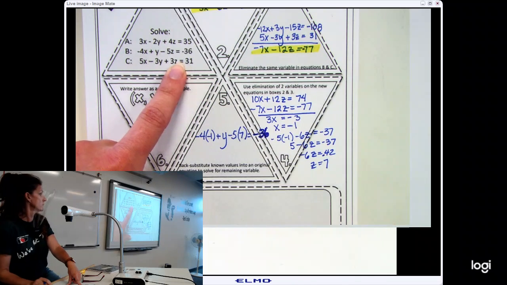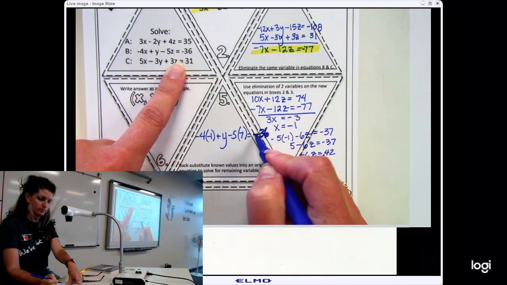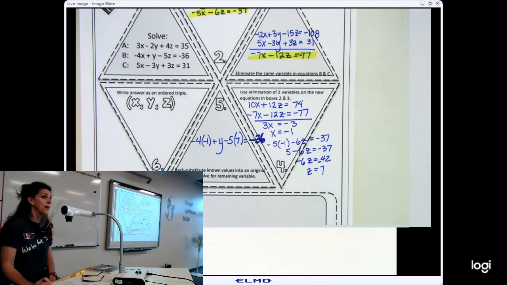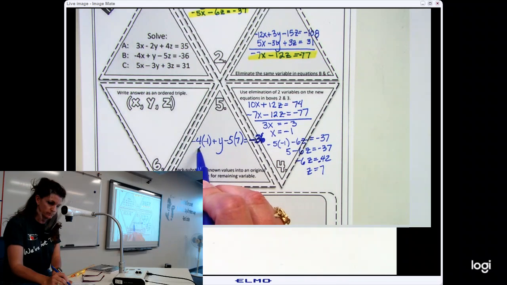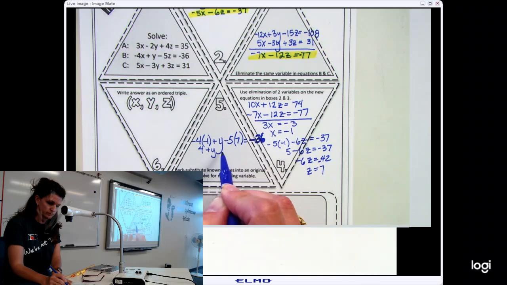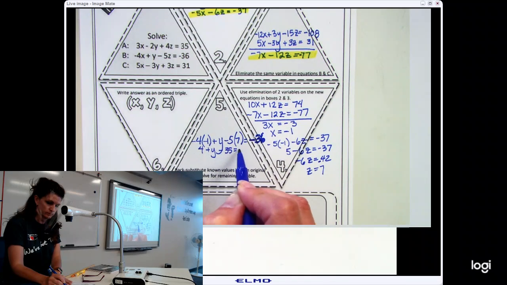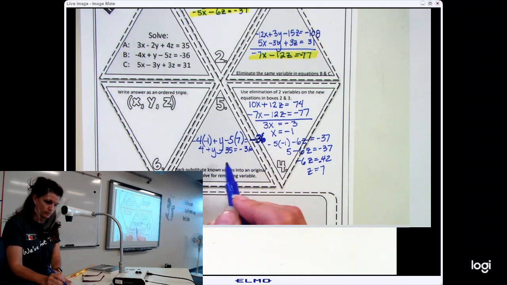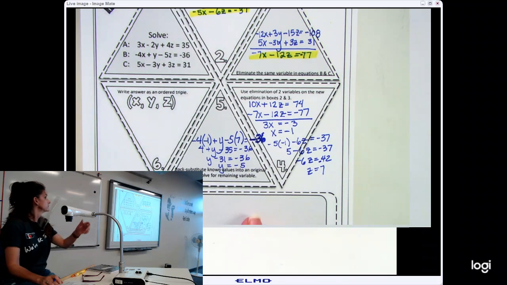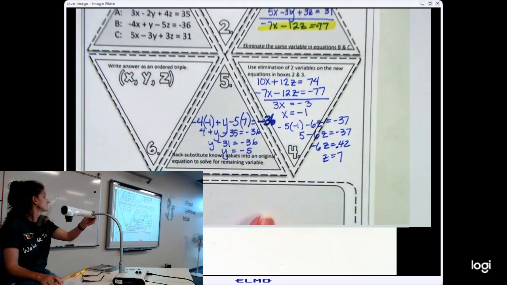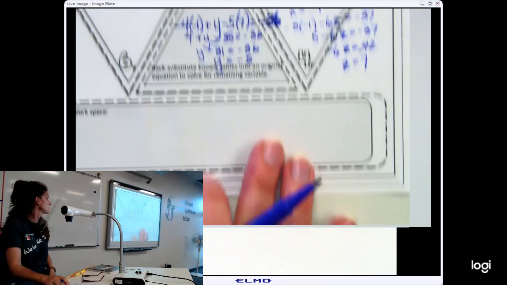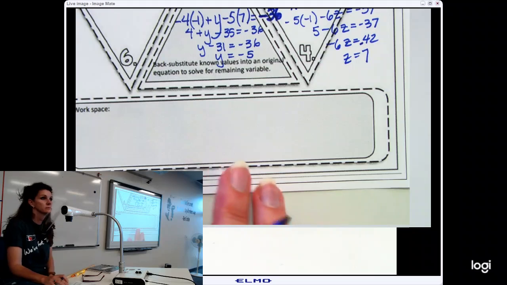Sorry, writing right over the lines. Solve for y. You guys don't need me to do that. I should have used the workspace that was so lovingly given right there. Oopsie.